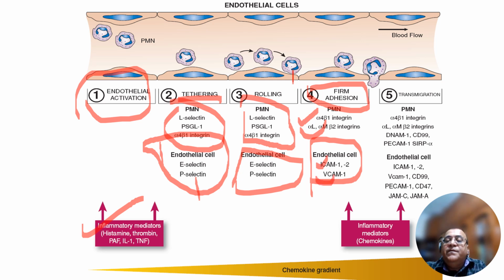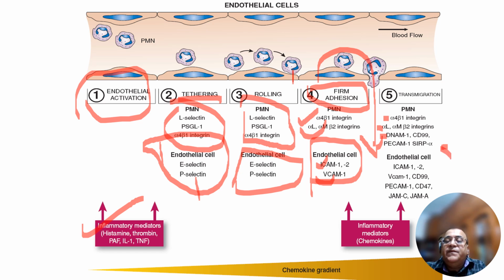And finally, when firm adhesion is achieved, the cells are transmigrated through diapedesis, and the molecules that are involved are beta 1 integrin, beta 2 integrin, CD99, and PECAM, the platelet endothelial cell adhesion molecule.